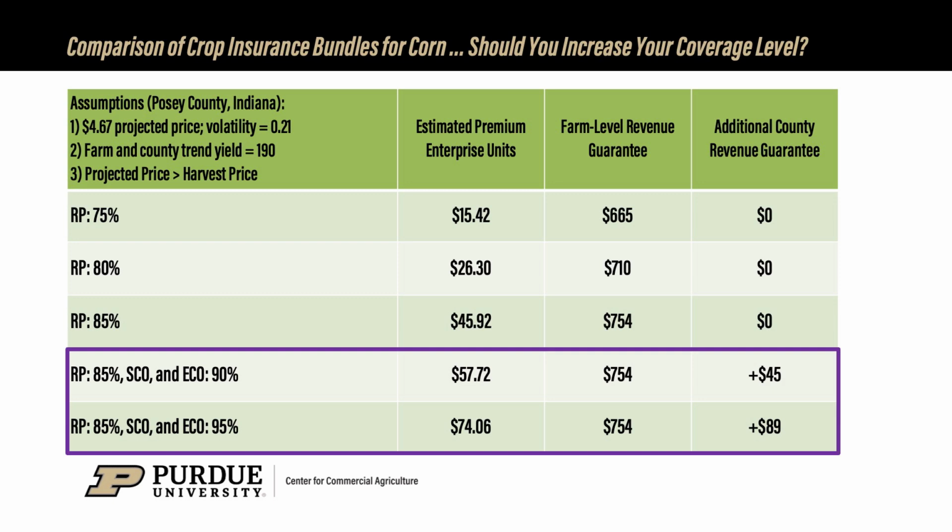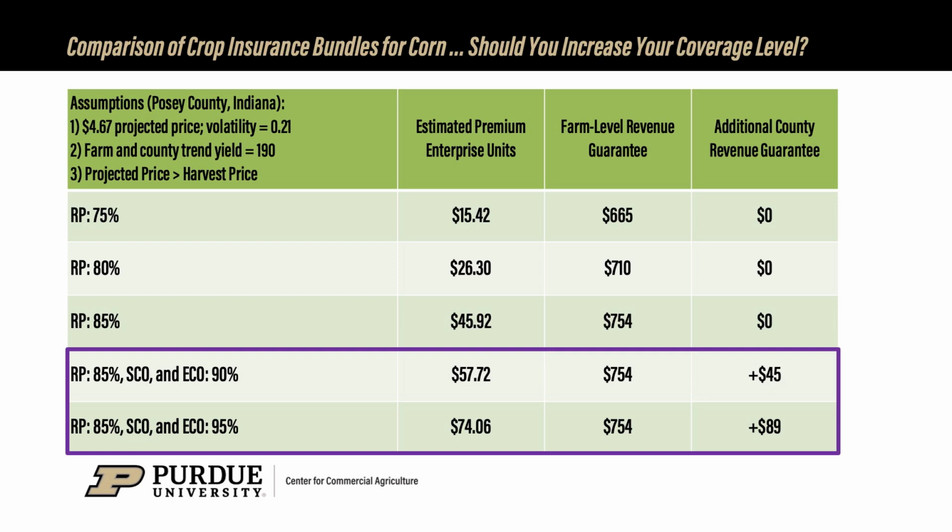That sounds like a lot of money, and it is a lot of money. And again, this is county specific, but when you start getting to 95%, you've got a pretty good safety net there. But also on the slide, I have noted here that your farm level revenue guarantee does not go up with ECO, and so you keep the same farm level revenue guarantee as you had with the underlying revenue protection product.